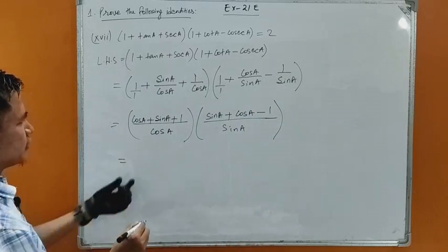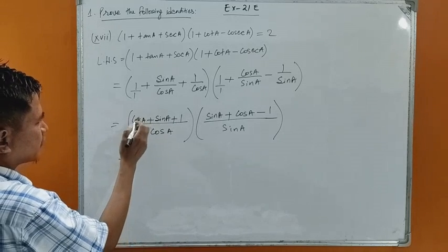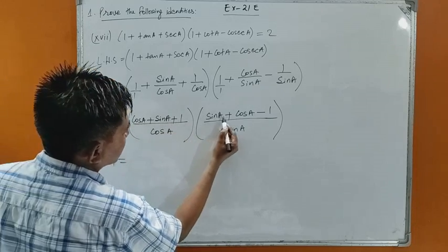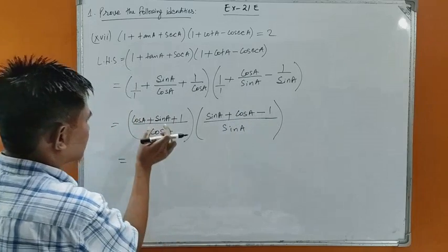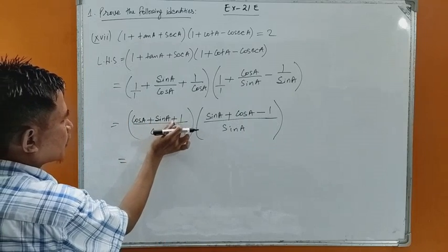So now let's assume this cos A plus sin A as a and 1 as b. Okay. You can see here a plus b, a minus b, isn't it?